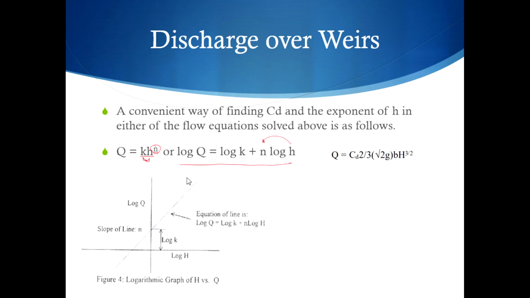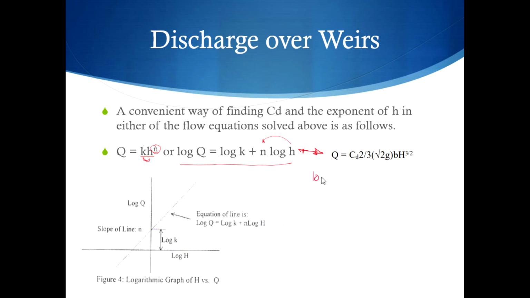So we have to find a way to represent this equation in this equation also. As you can see here, this is our equation for the rectangular weir. So we really want to relate these two equations. We can also apply the log in this equation.